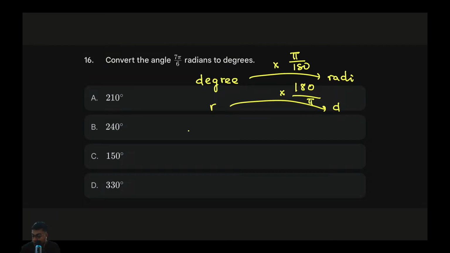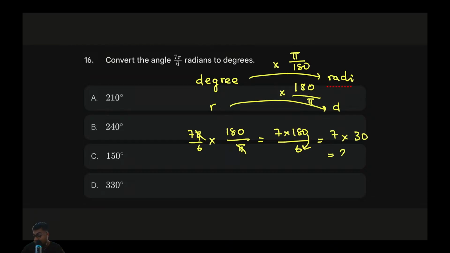So we have 7 pi over 6, and then times 180 over pi. Simplified, it is 7 times 180 divided by 6. 180 divided by 6 equals 30, so that means you get 210.